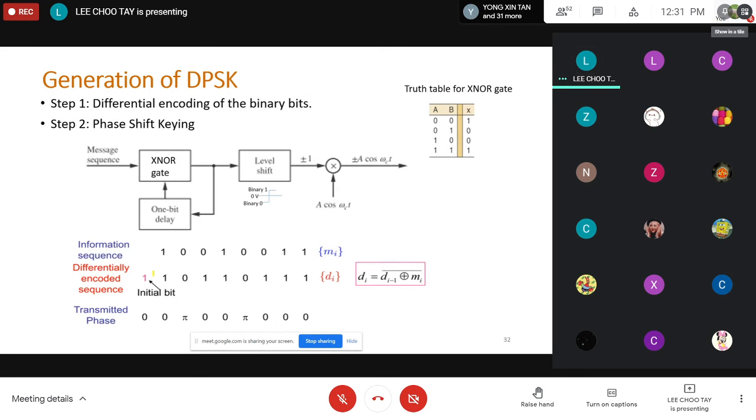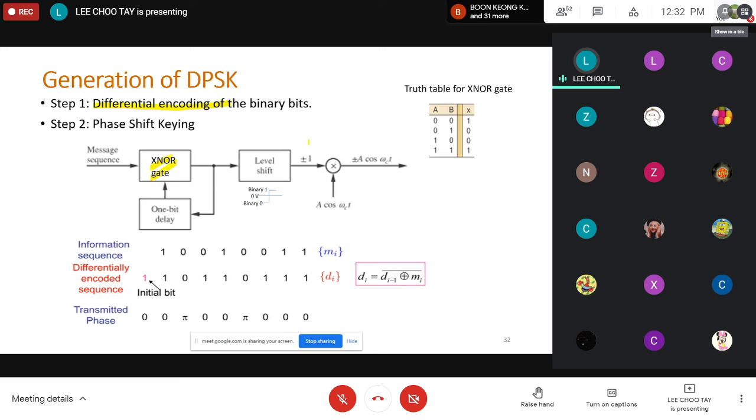This slide will show you how a DPSK signal can be generated. Step one is to do a differential encoding of the binary bits. We do this by using an XNOR gate. An XNOR gate is an exclusive NOR, with the inverter on the outside.